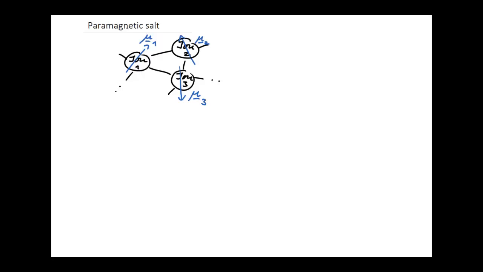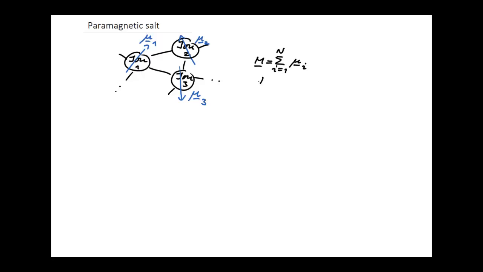The total magnetic moment of your paramagnet is the sum of all these elementary magnetic moments. So the total magnetic moment, m, is the sum over i. i labels the ions, goes from 1 to N if you have N ions in your lattice, and you sum all the elementary magnetic moments.